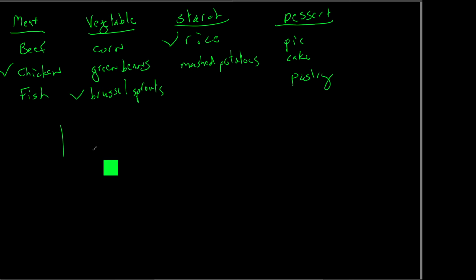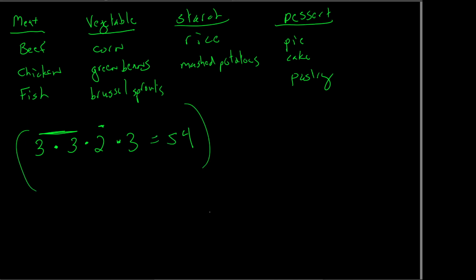If I were to eat this every day, but to choose something different, well, I could have 3 options of meat dish, 3 options of vegetables, 2 of the starch, and 3 of the dessert. So 3 times 3 is 9. 18. Let's see, 4, carry my 2. There's 54 different meals I could eat with different combinations.